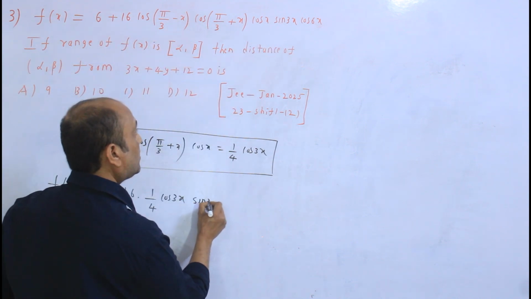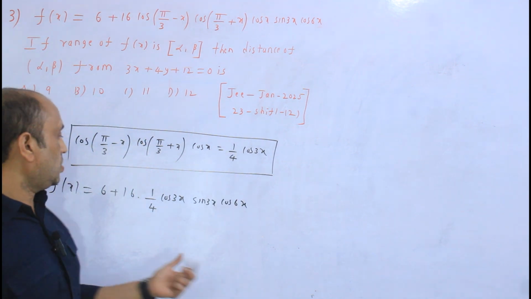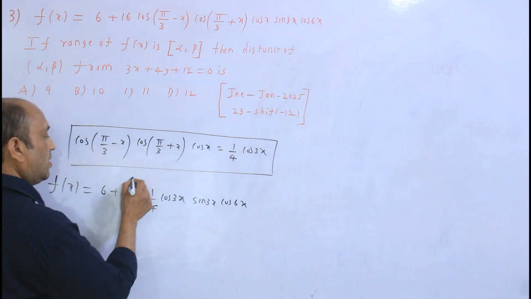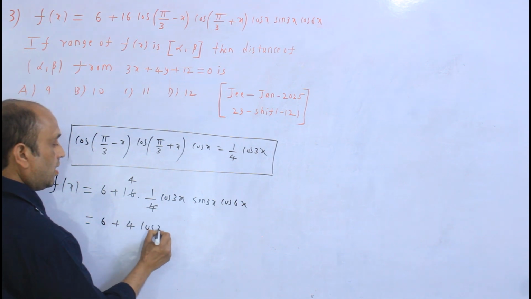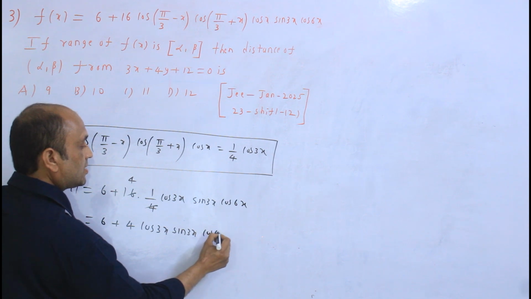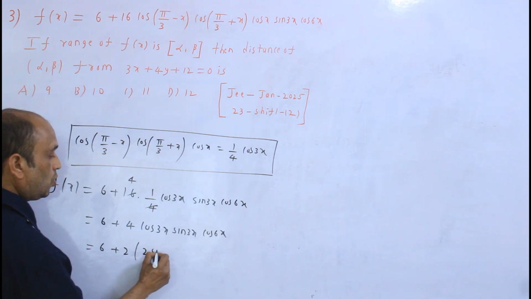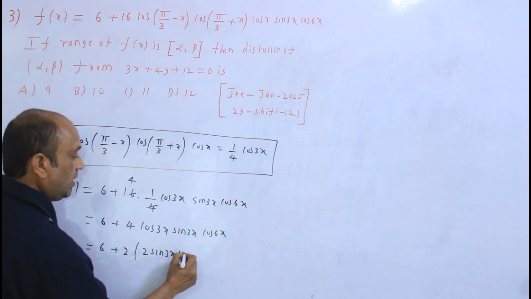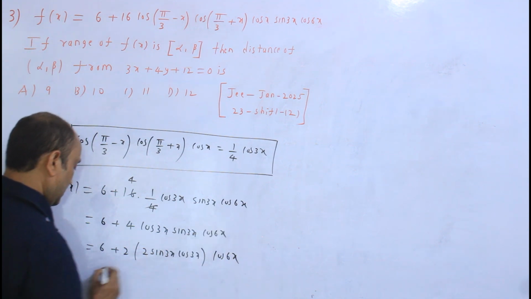Next, sin 3x cos 6x. 4 times 1 by 4 is 1, that is 6 plus 4 cos 3x sin 3x cos 6x. Then 6 plus 2 of 2 sin 3x cos 3x cos 6x.